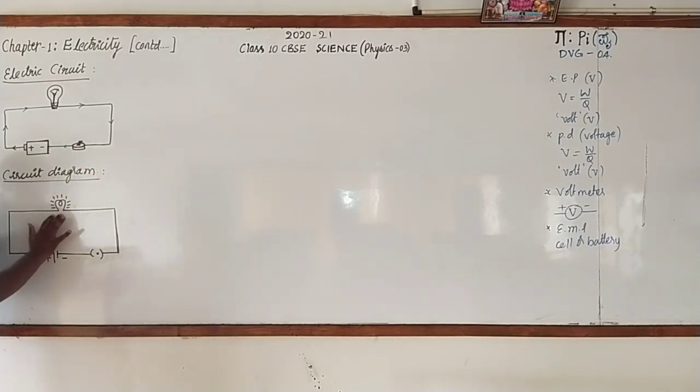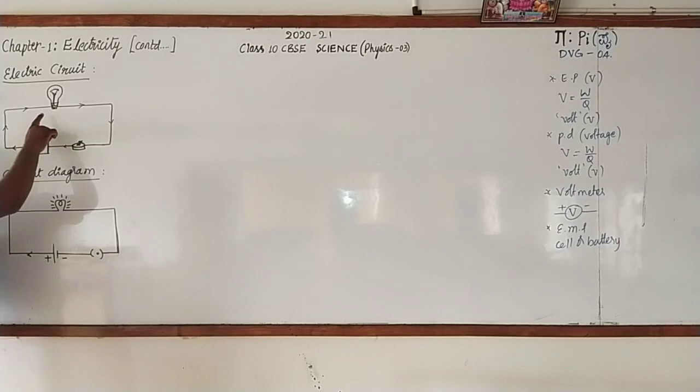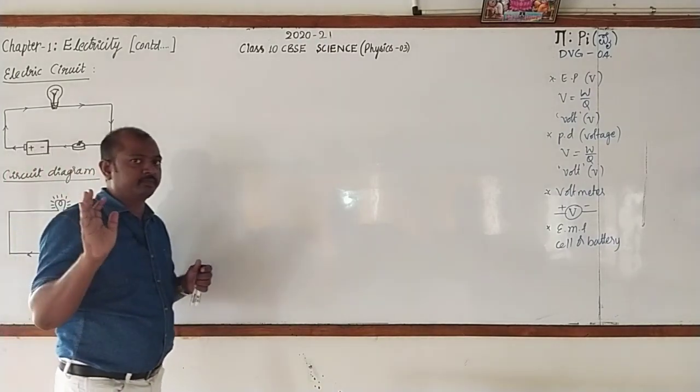The diagram which indicates how different electrical components have been connected or arranged, using the circuit symbols of the electrical components, is known as a circuit diagram.